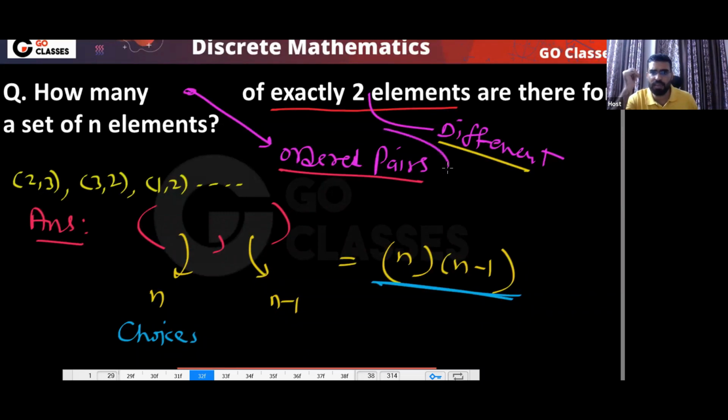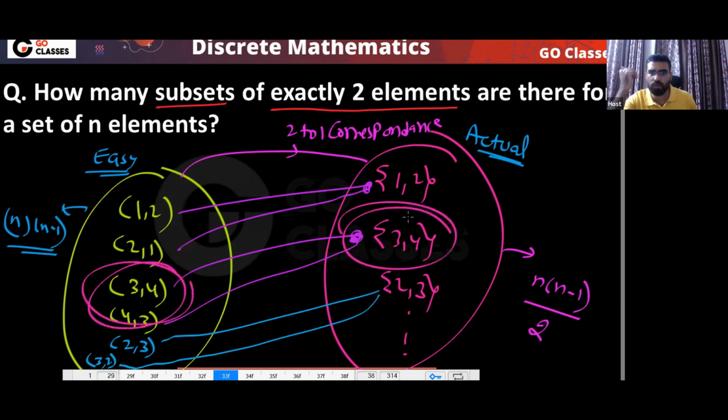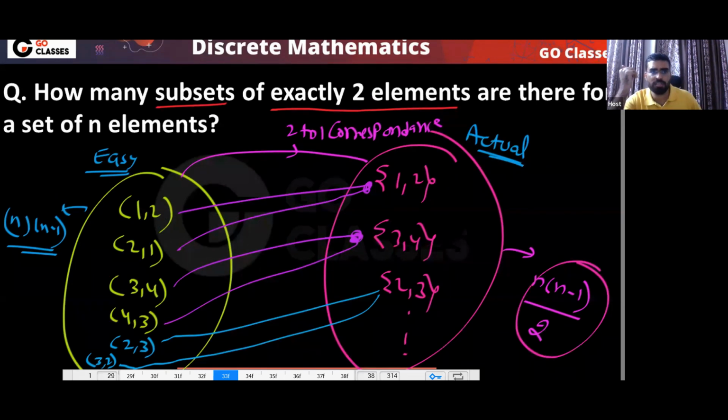If I ask you ordered pairs, you can very easily find. But if I ask you how many subsets are there, then you can find using the division rule, because this 1, 2 will map to this, these two will map to this. So finally the answer will be n into n minus 1 by 2. This is the actual answer.